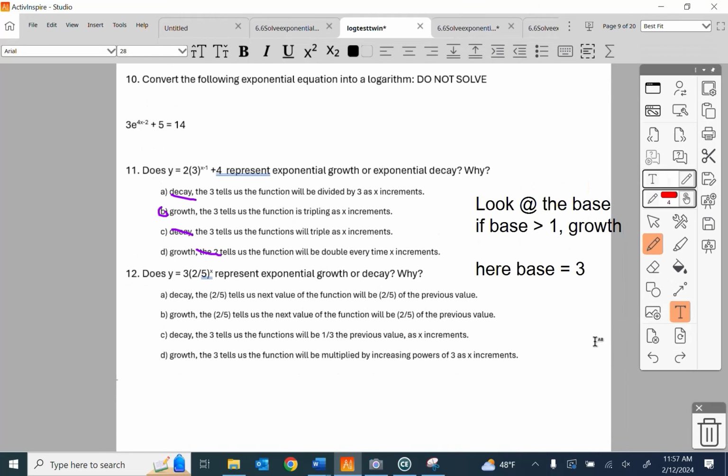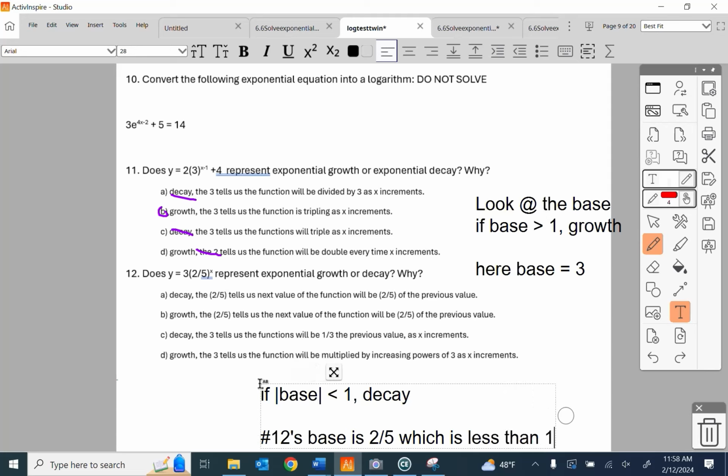Does y equals (2/5) to the x represent exponential growth or decay, and why? So here the idea is if the absolute value of the base is less than 1, it is decay. And number 12's base is 2/5, which is less than 1. And if you don't know 2/5 is less than 1, we have issues.